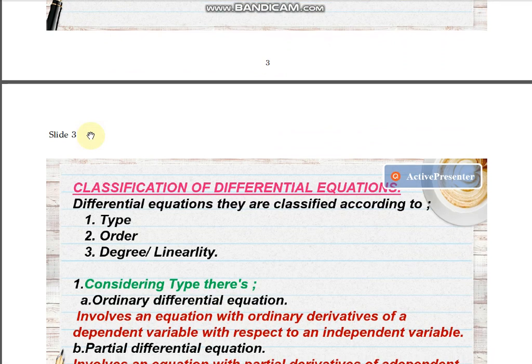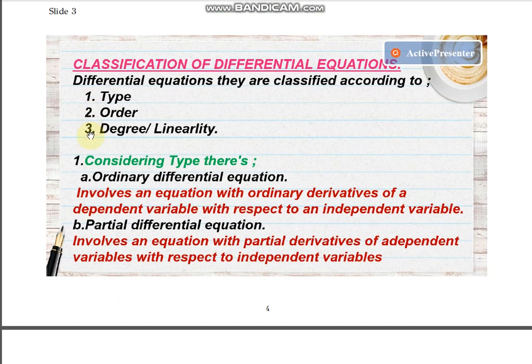Then from there we talk of the partial differential equation. The partial differential equation involves an equation with partial derivatives of a dependent variable with respect to independent variables. This kind of differential equation is different from the ordinary differential equation.